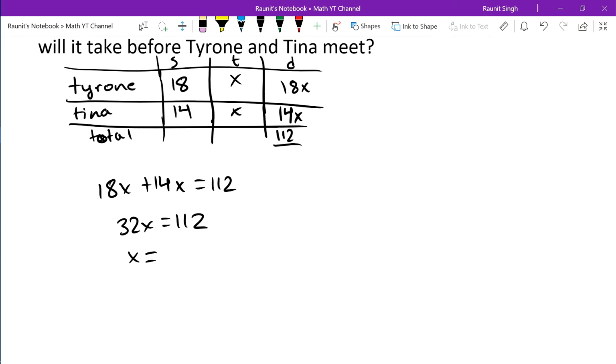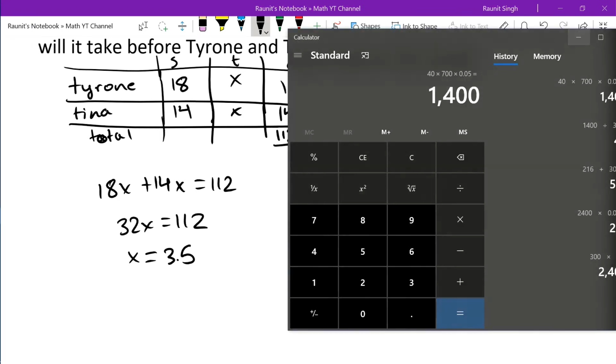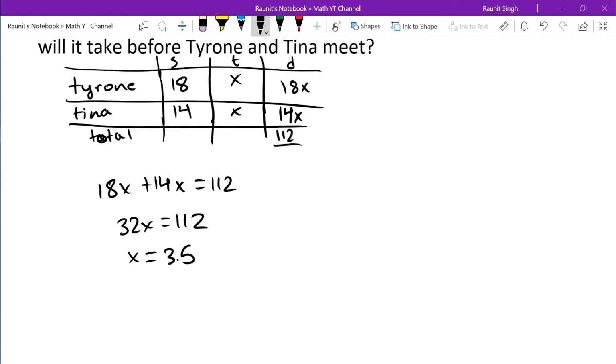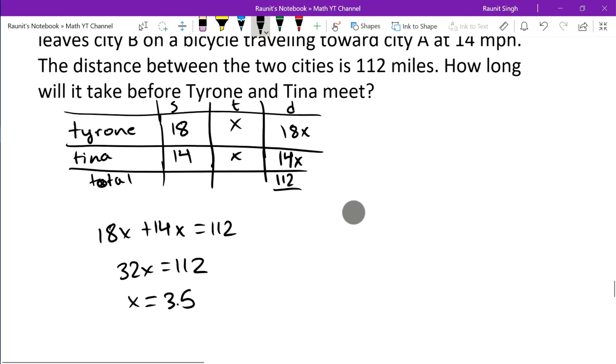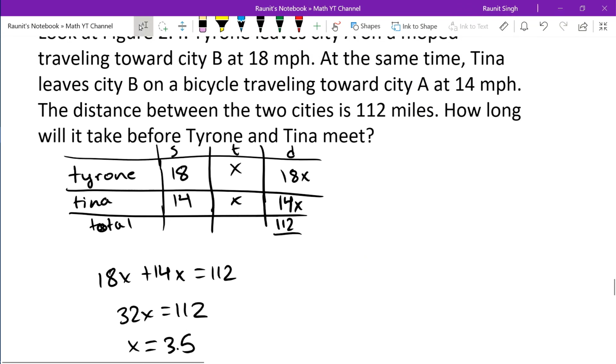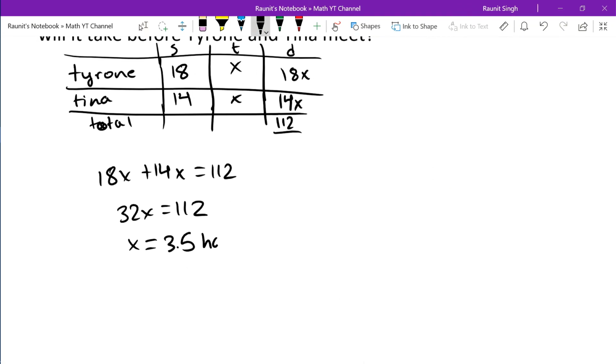Let me just double check on that with the calculator. So 112 divided by 32 is 3.5, which is what we want. So that's perfect. They're going to meet up in 3.5 hours. So that is our answer.